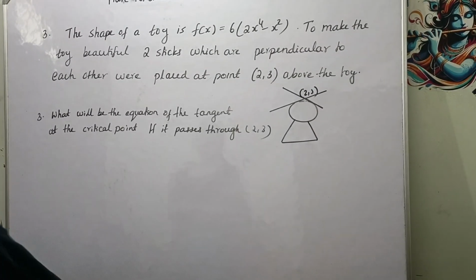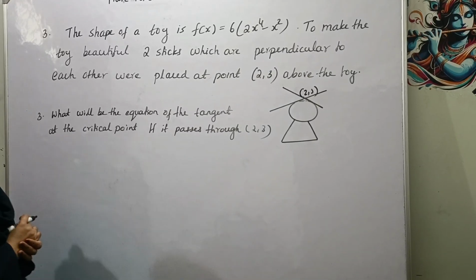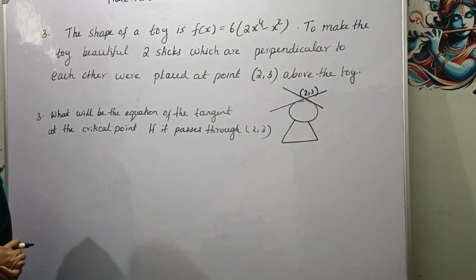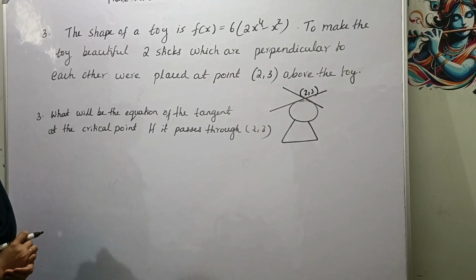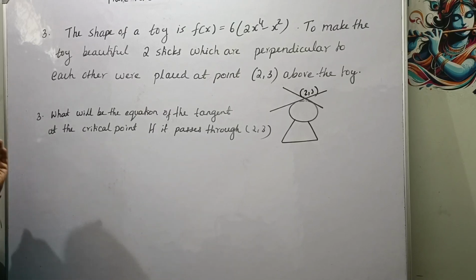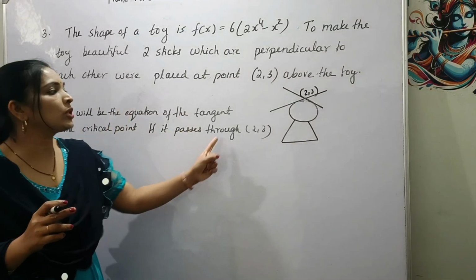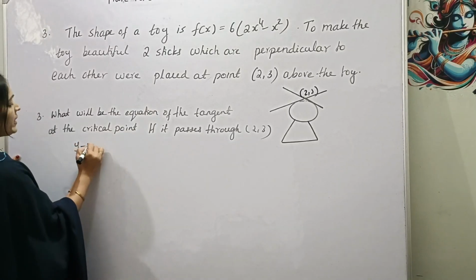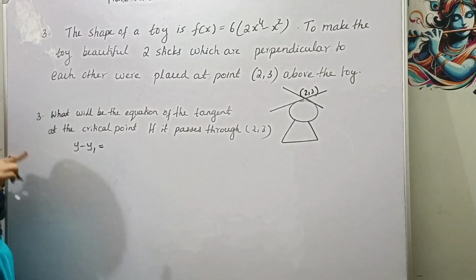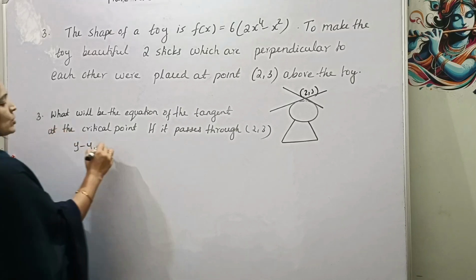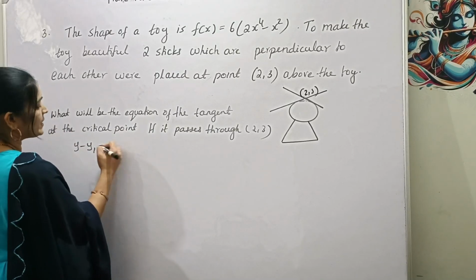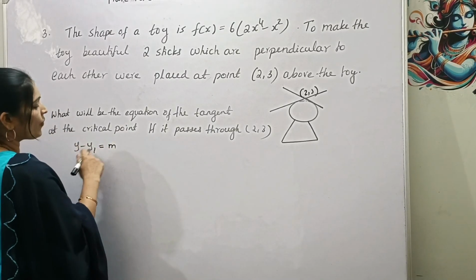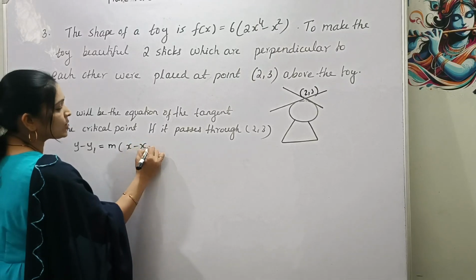Next question is, what will be the equation of the tangent at the critical point if it passes through 2, 3? See here we have to write the equation of the tangent passing through the point 2, 3. See, what is the equation of the tangent? y minus y1 is equal to slope of the tangent, let's write it as m, into x minus x1.